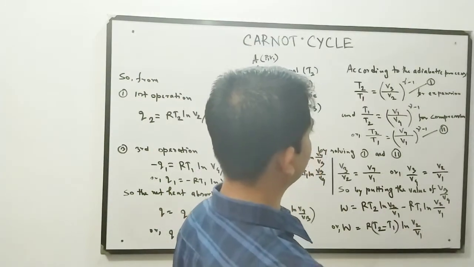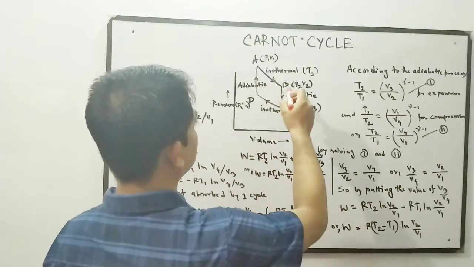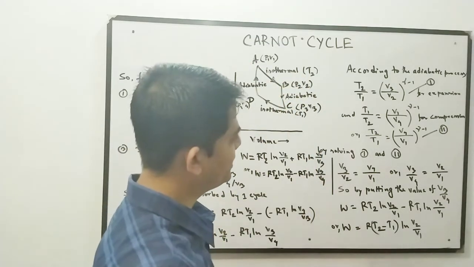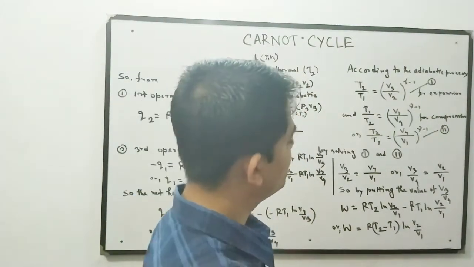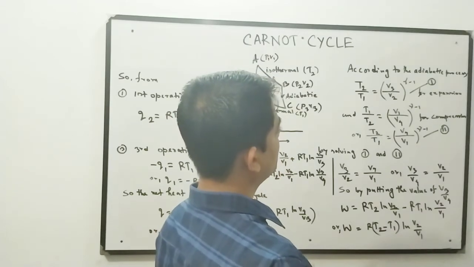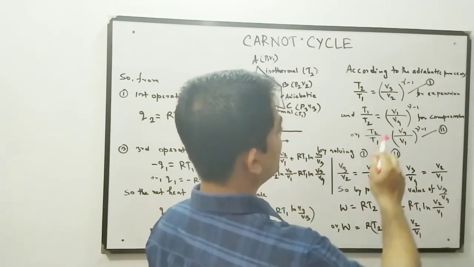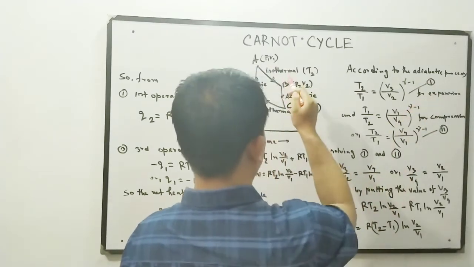According to the adiabatic process, the transformations B to C and D to A are adiabatic, and according to the adiabatic process we know T2 by T1 is equal to V3 by V2 to the power gamma minus 1 for thermodynamic expansion.